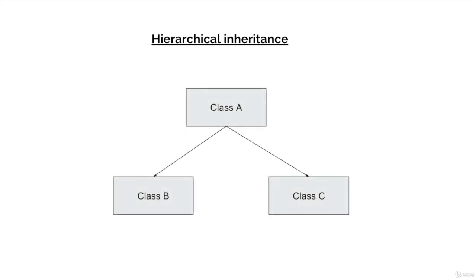Let's take a look at hierarchical inheritance. Class B is extending A and class C is also extending A. So A is the parent class of two classes, and this is an example of hierarchical inheritance in Java.